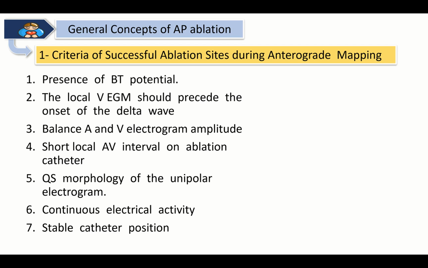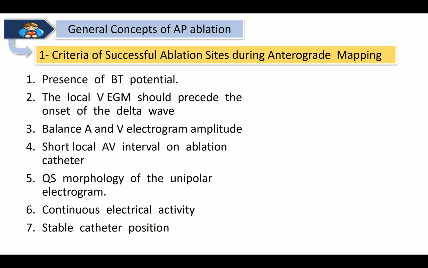So, criteria of a successful ablation site in antegrade mapping. What you should search for: presence of an accessory pathway potential, local V preceding the onset of the delta wave by 30, 40, 50 milliseconds. Balance between A and V, which means you are at the AV annulus. Short local AV, usually, with some exceptions like prior ablation.